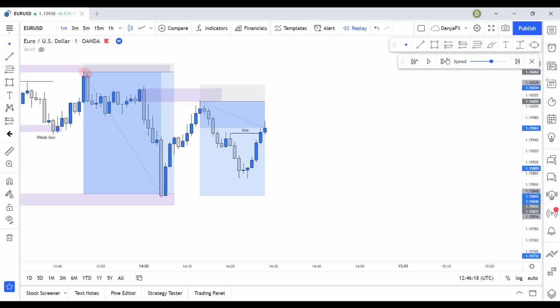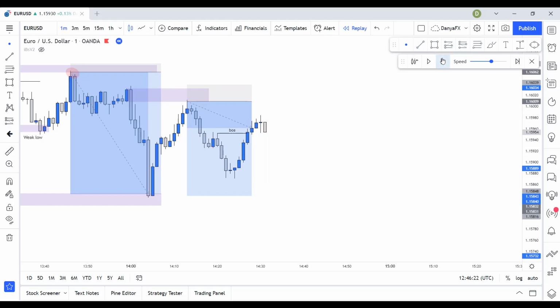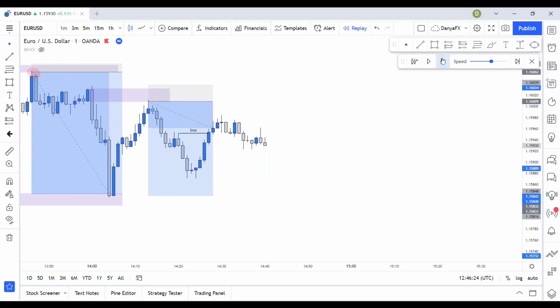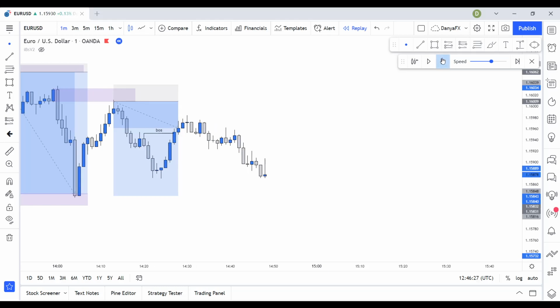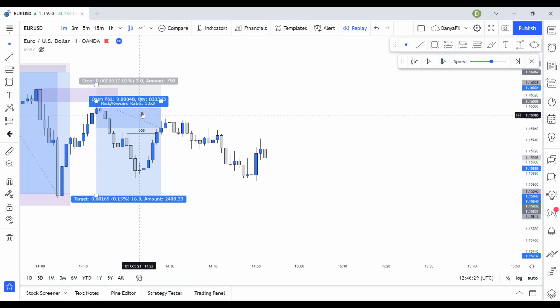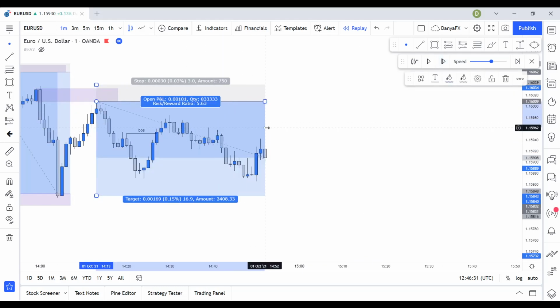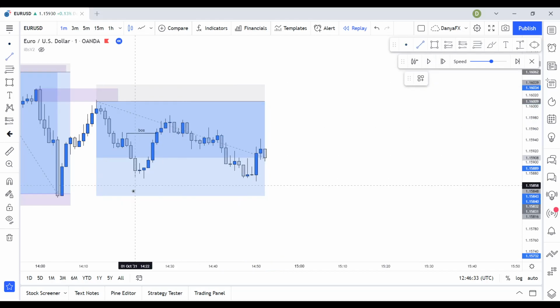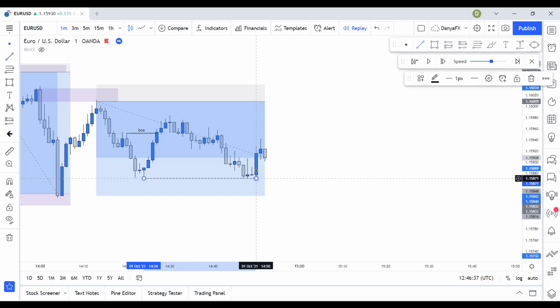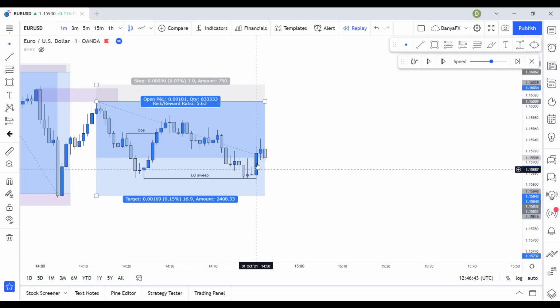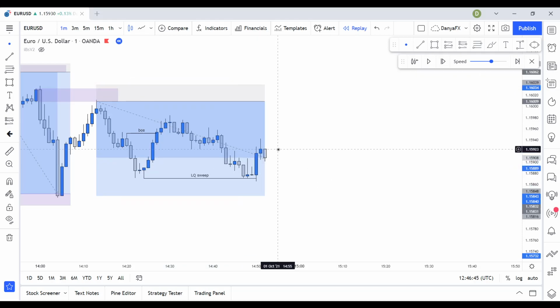So let's see whether it's going to be a break-even trade. We now print a lower low by wicking it, which is for me a sweep of liquidity, because look at the reaction. The next candle is really huge.